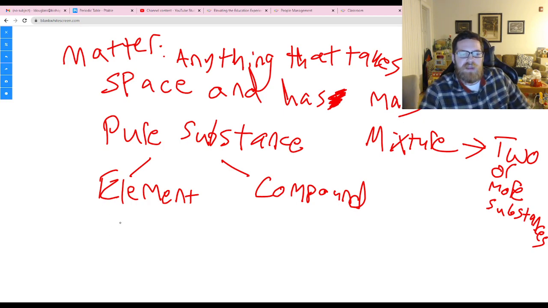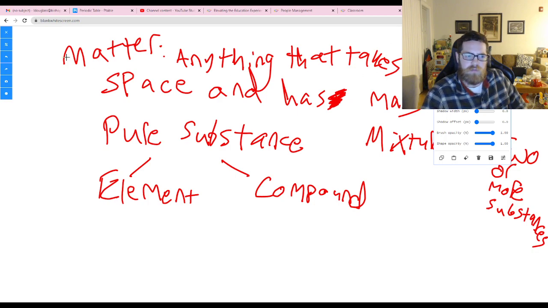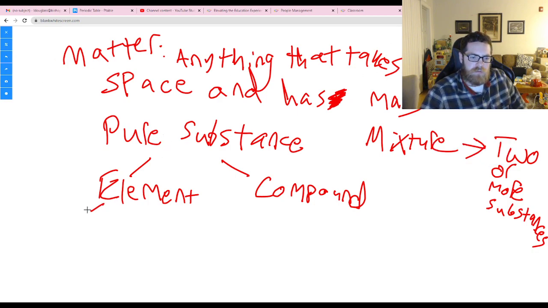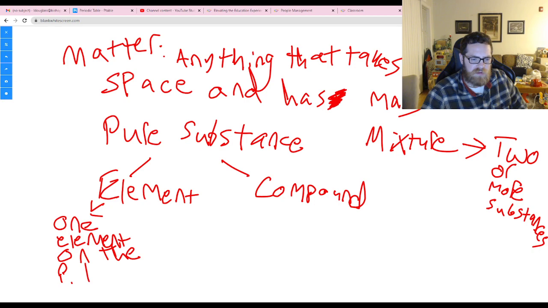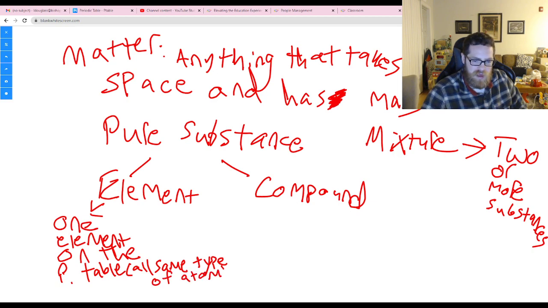All right. Now when we get into elements, right? Elements are made of one element on the periodic table. And I guess we'll put in parentheses all the same type of atom.